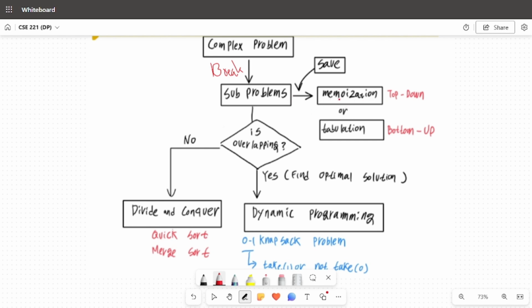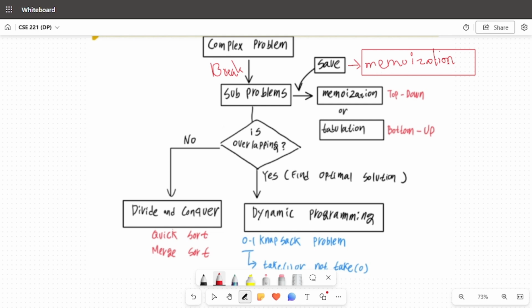You have to save that solution into a table, or you have to save it in a memoization. What is memoization? We have to save it in a memoization or in a table. We will call it a memoization.